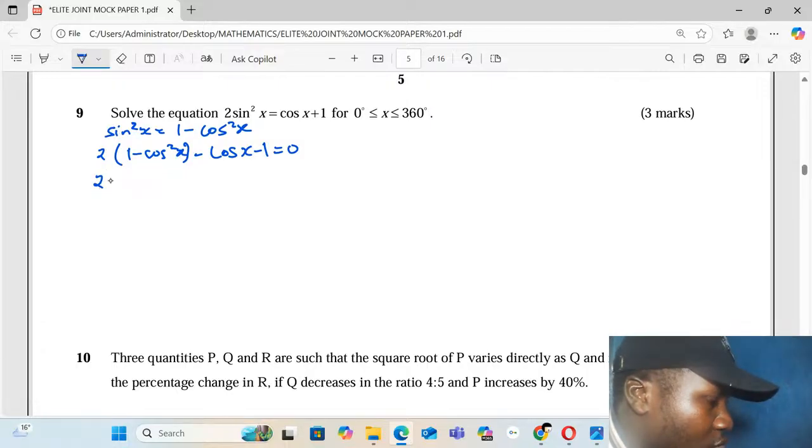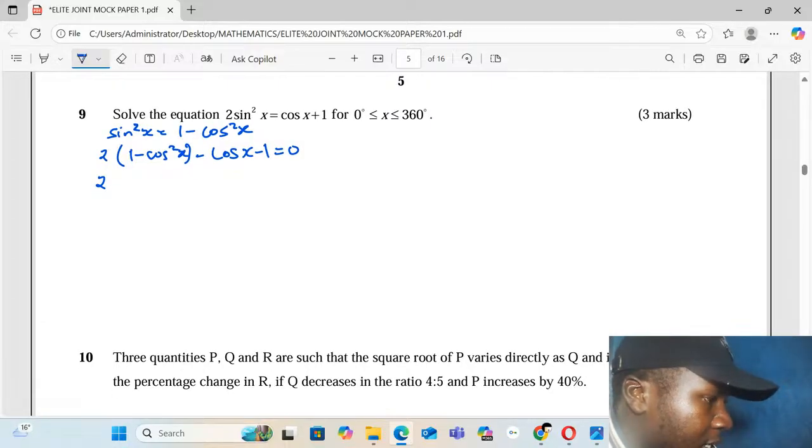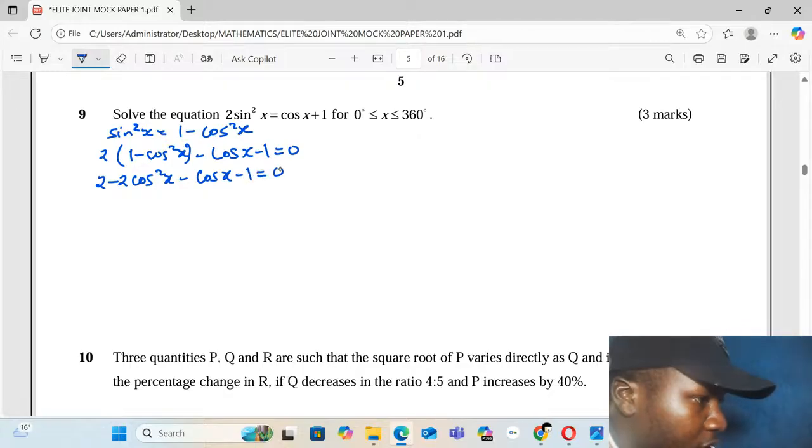Now with this we can work it out. We open up 2 minus 2 cos squared x, minus cos x, then minus 1 is equal to 0. Then we continue so that we collect like terms, 2 and 1.